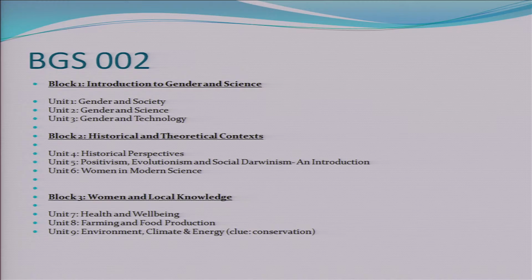These questions have been discussed in unit 4 and unit 5, and the last is unit 6, that is women in modern science. It looks at the exclusion of women from doing or pursuing science, both historically and in the current period.